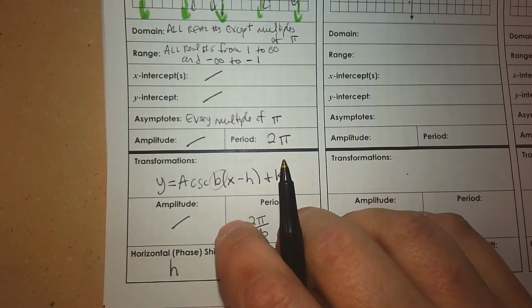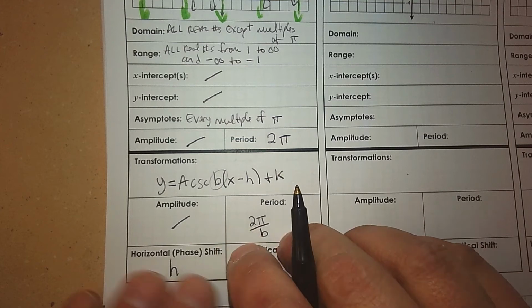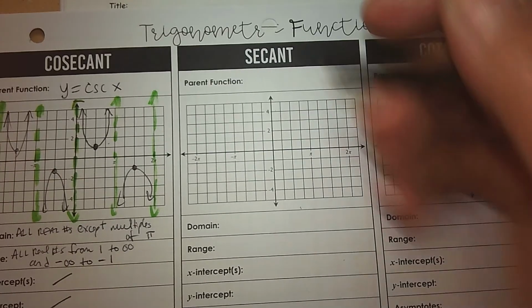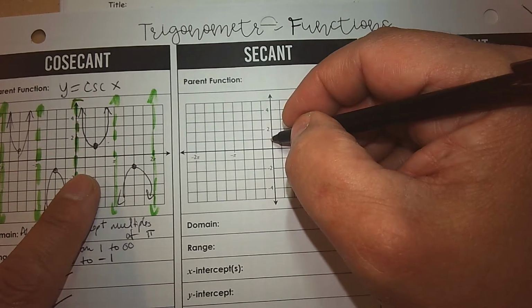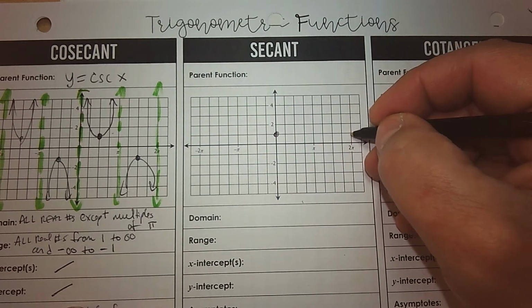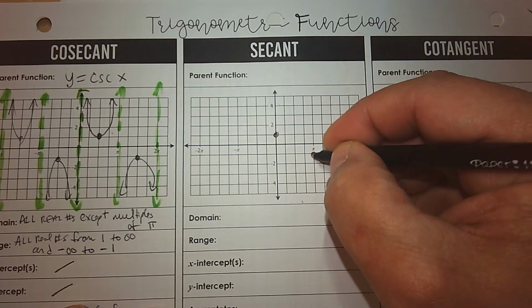Next, secant. Secant starts with the turning point. Secant ends with the turning point, and then in the middle is another turning point that's going to turn down.